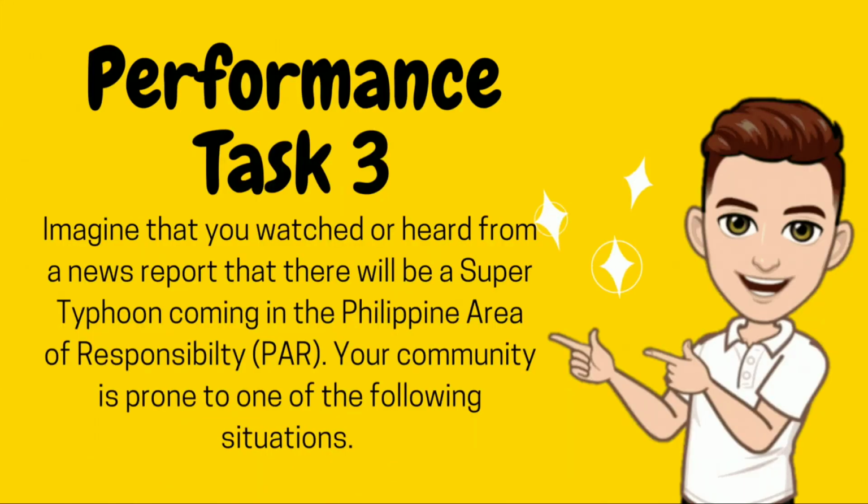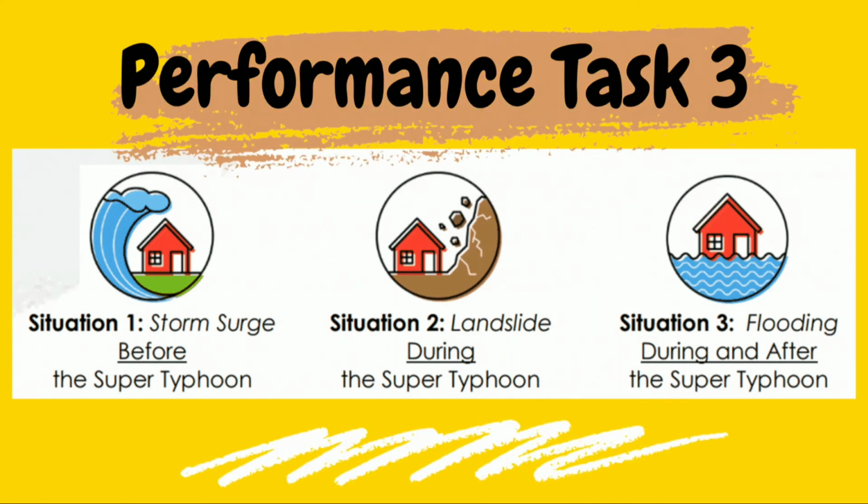And now, for your performance task number 3 and for your final task, imagine that you watched or heard from a news report that there will be a super typhoon coming in the Philippine Area of Responsibility or PAR. Your community is prone to one of the following situations. Situation number 1. Storm surge before the super typhoon.